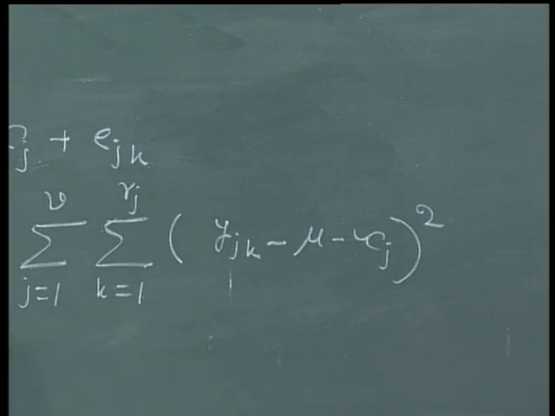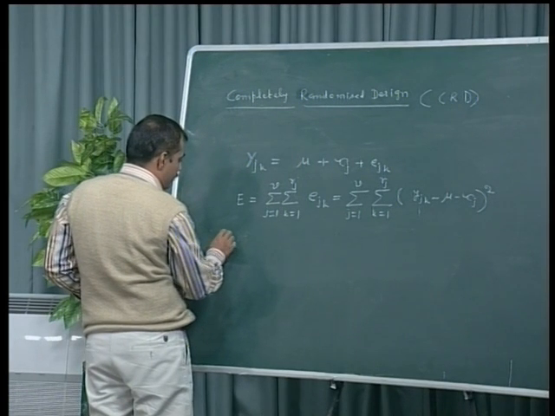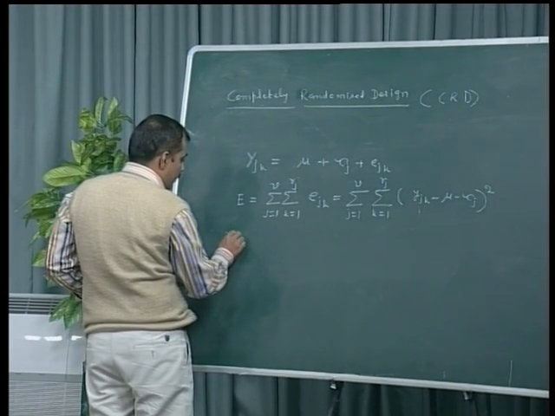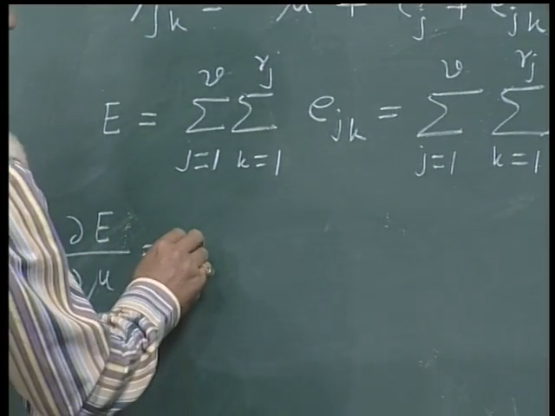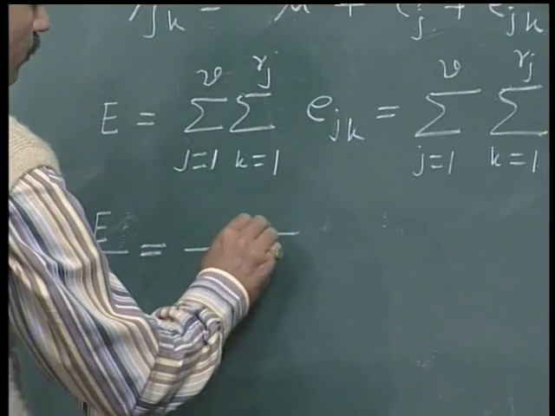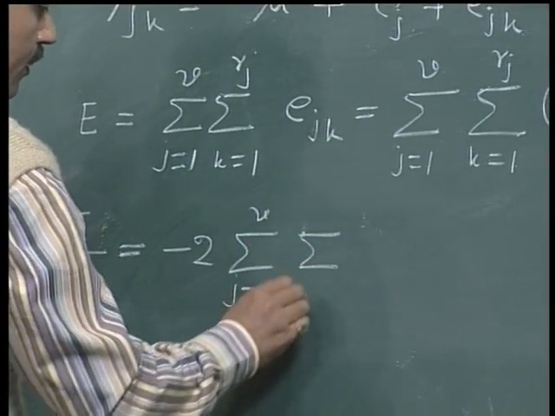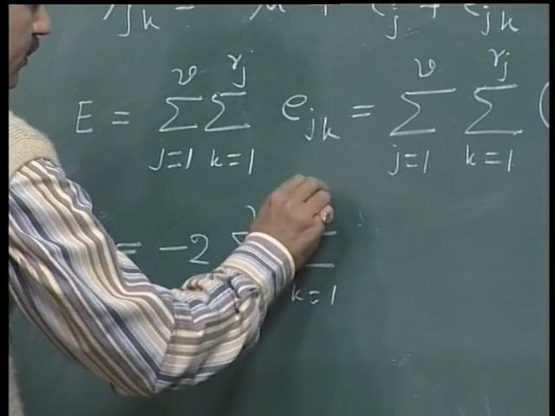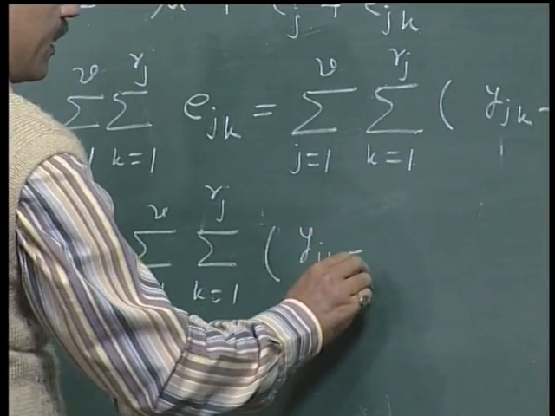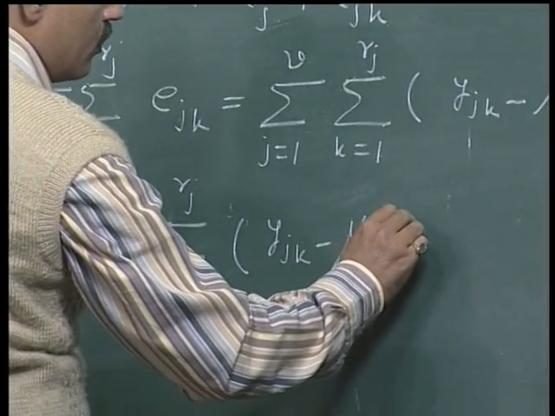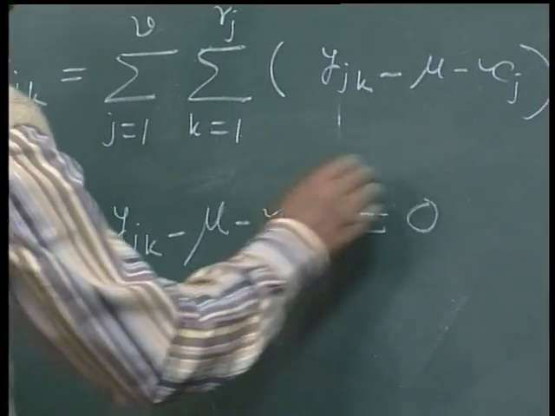First we differentiate it partially with respect to mu. When we differentiate, we get dE by d mu equal to minus 2 times the double summation, j from 1 to v and k from 1 to rj, of yjk minus mu minus tau j, and put it equal to 0.